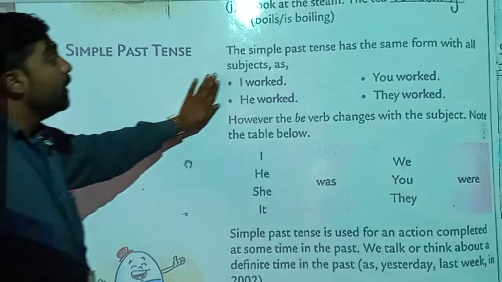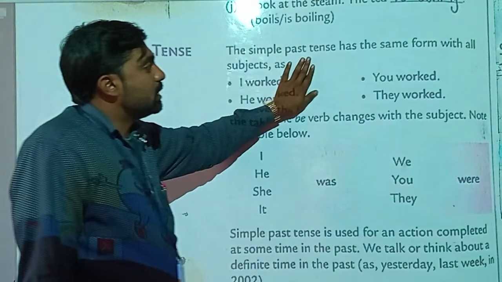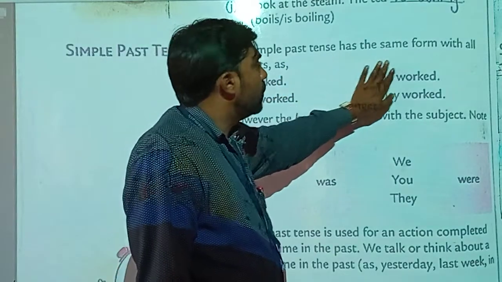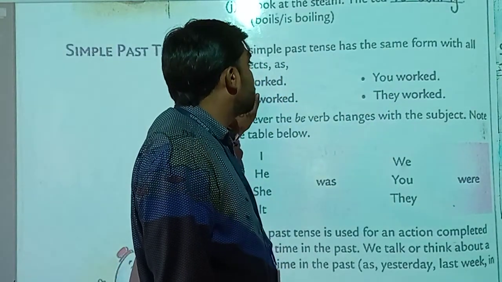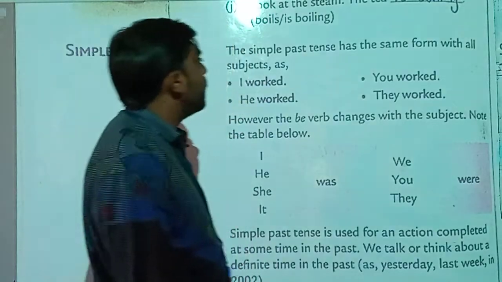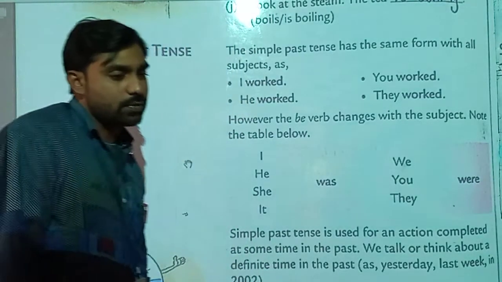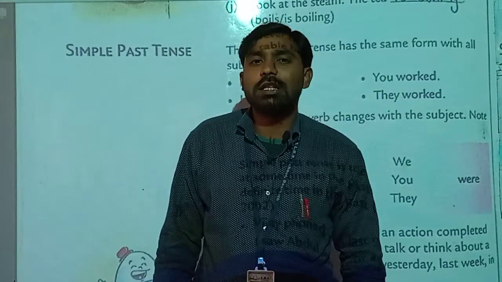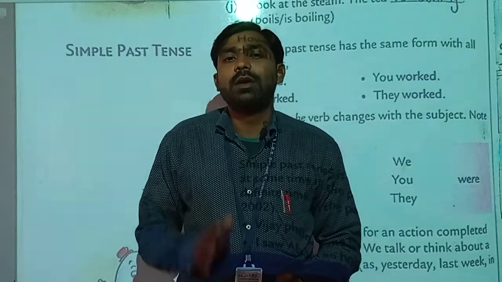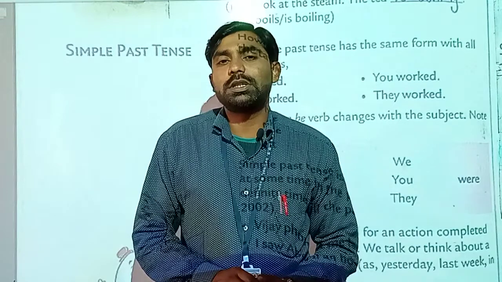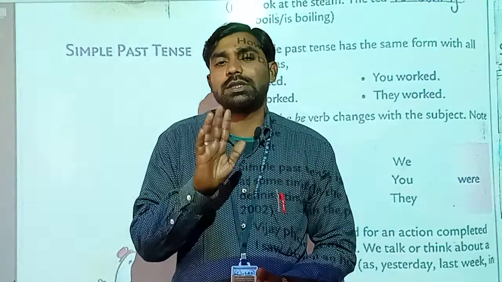Students, the simple past tense has the same form with all subjects. It means in this tense there is no condition. We can use the same verb with all subjects.